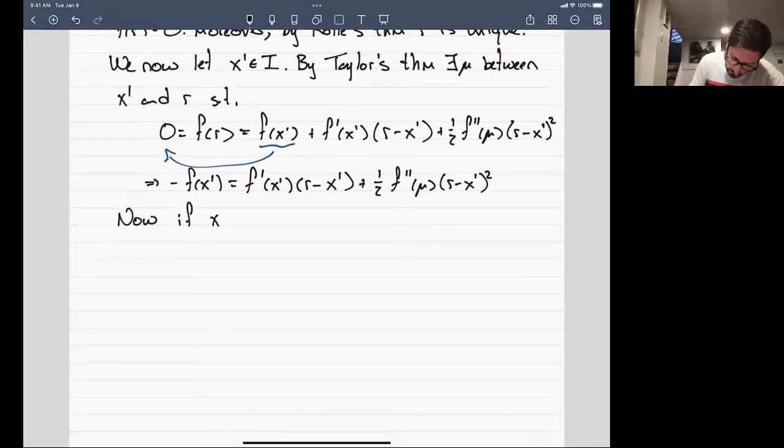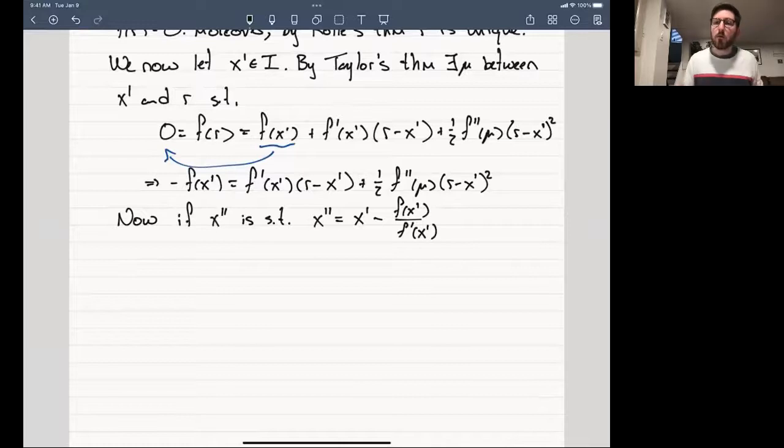Now, if x double prime is such that it's the Newton update, so it's x prime minus f of x prime divided by f prime of x prime. So I'm avoiding using x1 and x2 because I am trying to be unspecific right now. I'm trying to say, no matter what your initial guess is, here's what you're going to get.